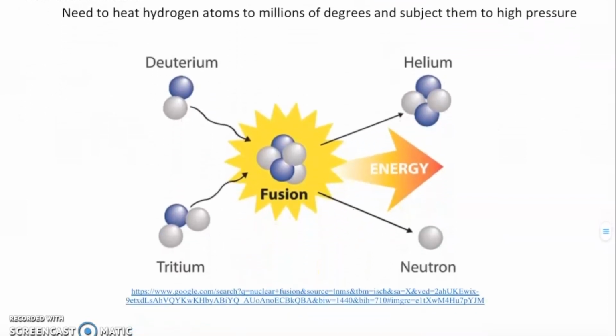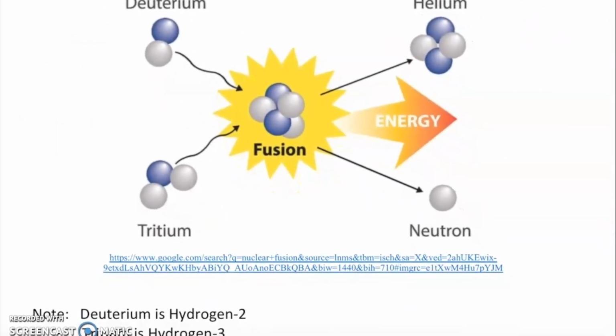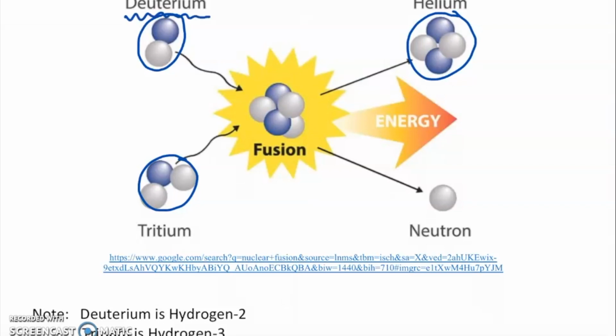Here is a nuclear fusion reaction. We have two nuclei coming in. They undergo fusion and you get a larger nucleus out. You also tend to get a neutron. Now you might be wondering to yourself, like, what is deuterium?